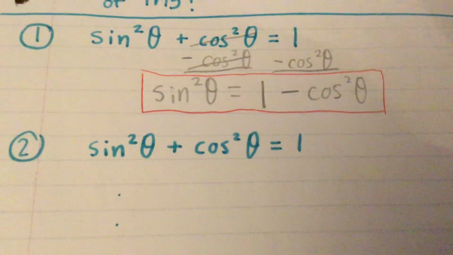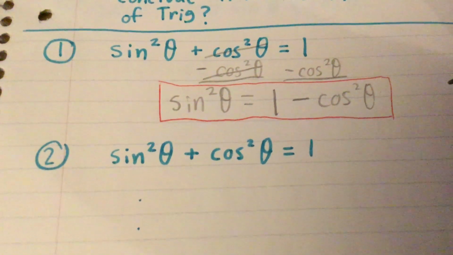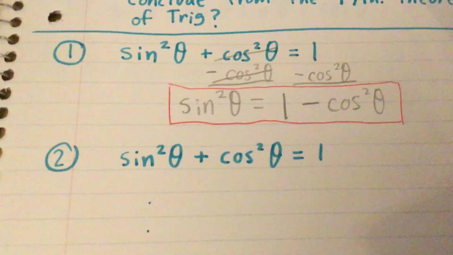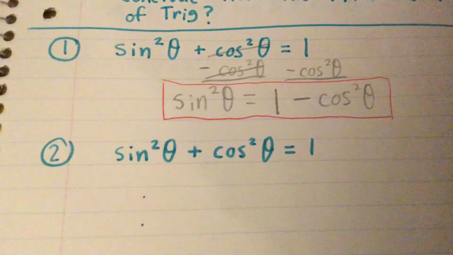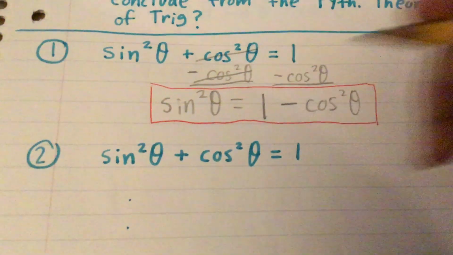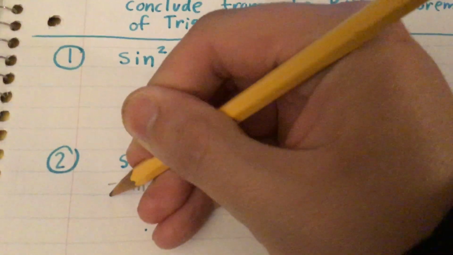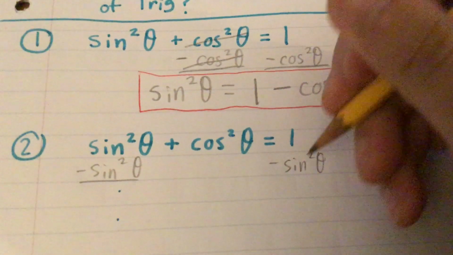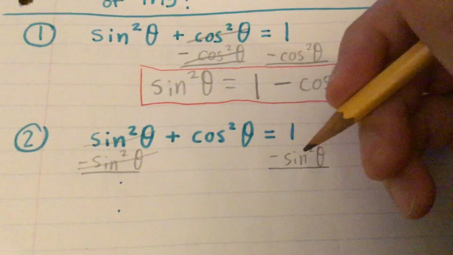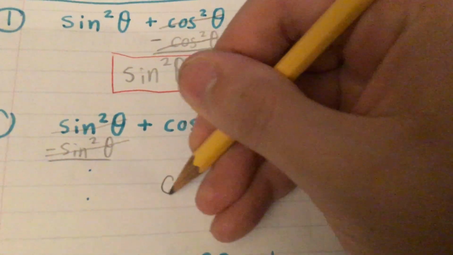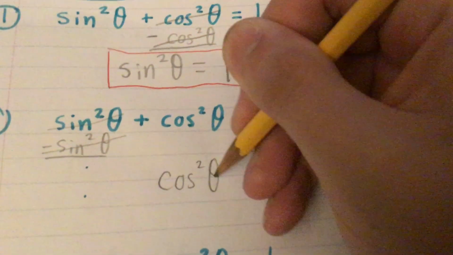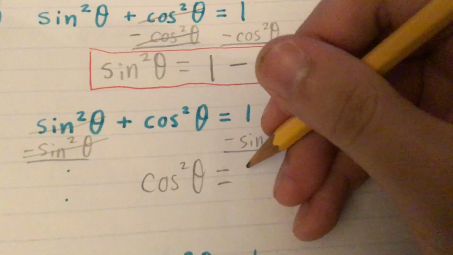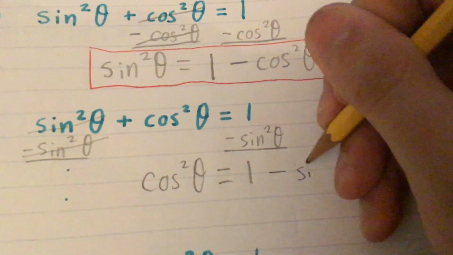Let's say I go back to sine squared of theta plus cosine squared of theta, and how do I get cosine squared of theta isolated now? All right, let's say I subtract sine squared of theta from both sides. Now, sine squared of theta gets canceled out, leaving me with cosine squared of theta is equal to 1 minus sine squared of theta.